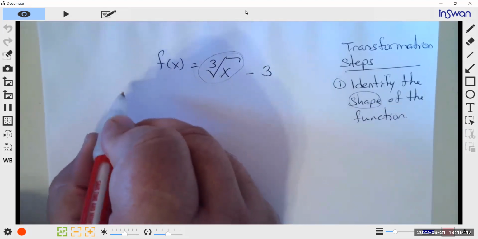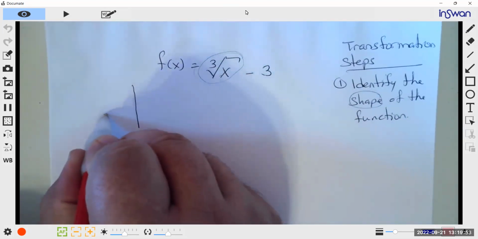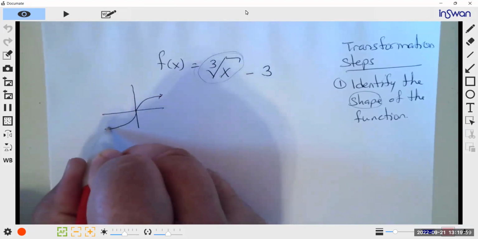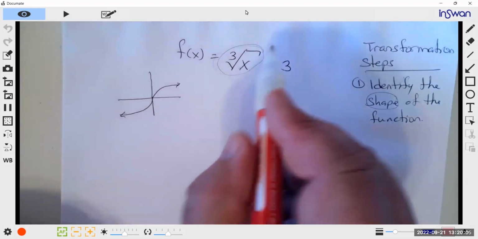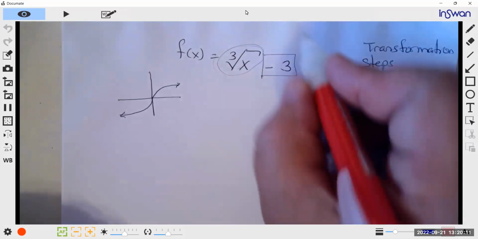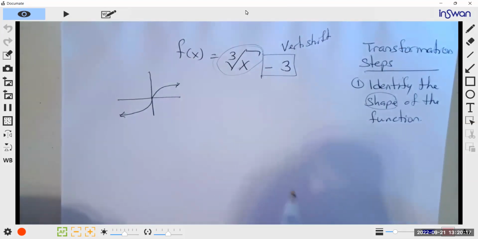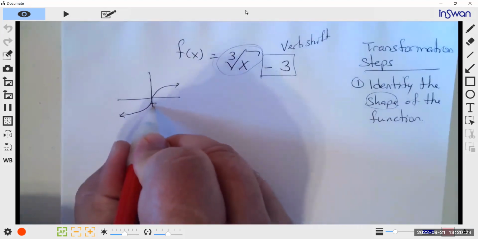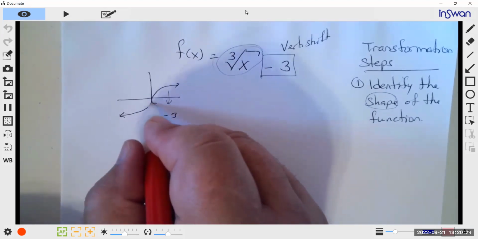Well, remember from our library of functions, the cube root function looks like this. Since it's odd root, it can be positive or negative. Now, since this constant is there, that's my vertical shift. When x is 0, y is 0, minus 3, what it does, it lowers the entire graph 3 spaces.